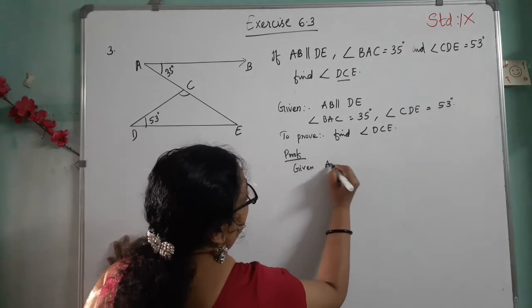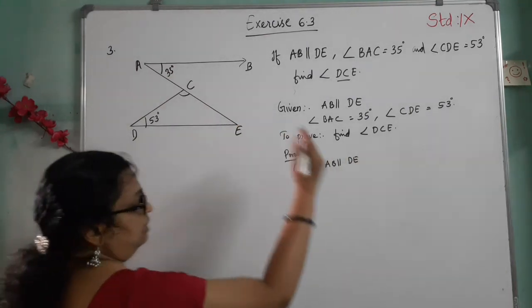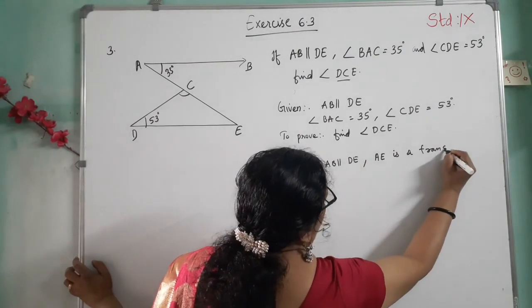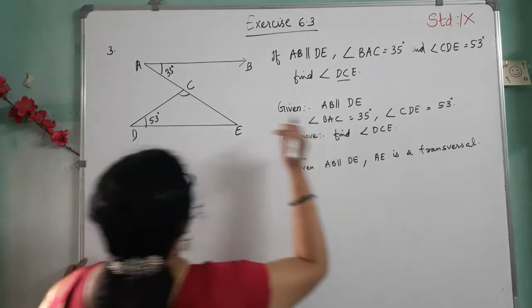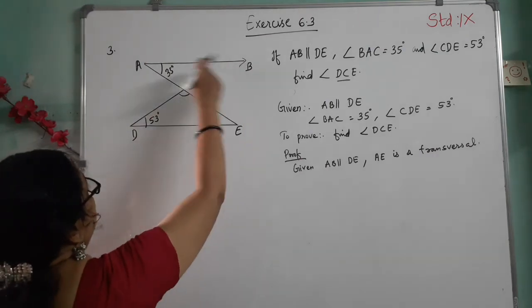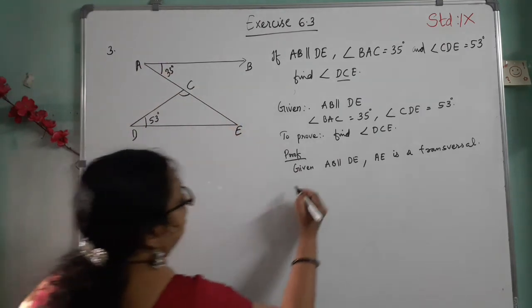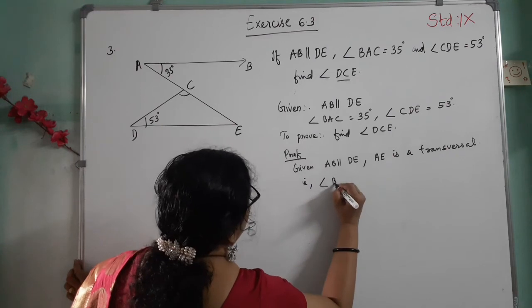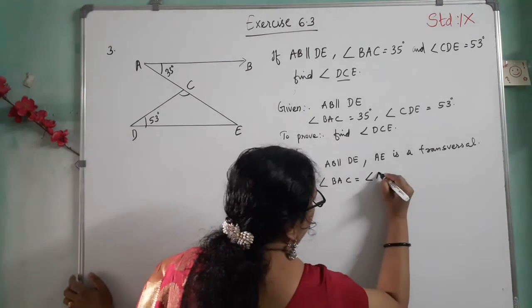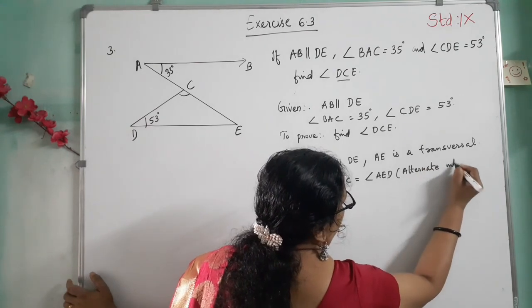given AB parallel to DE, then AE is the transversal. Then BAC equal to AED, that is angle BAC equal to this angle AED, alternate interior angles.